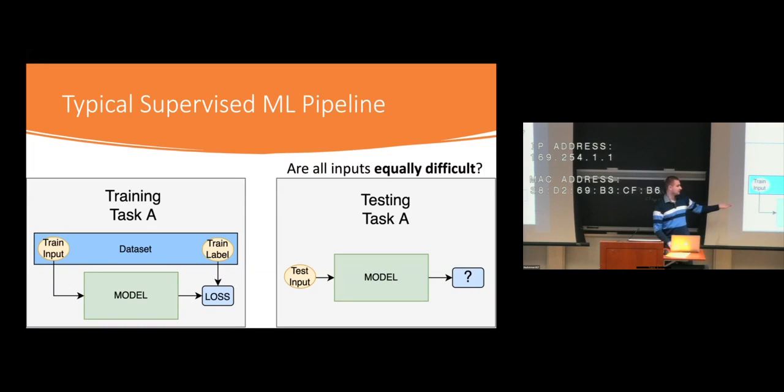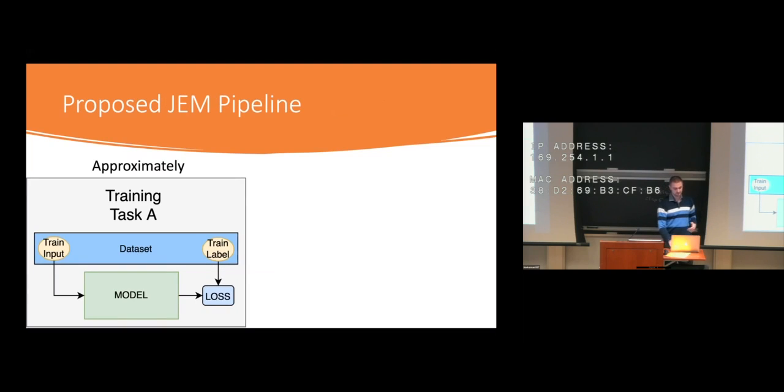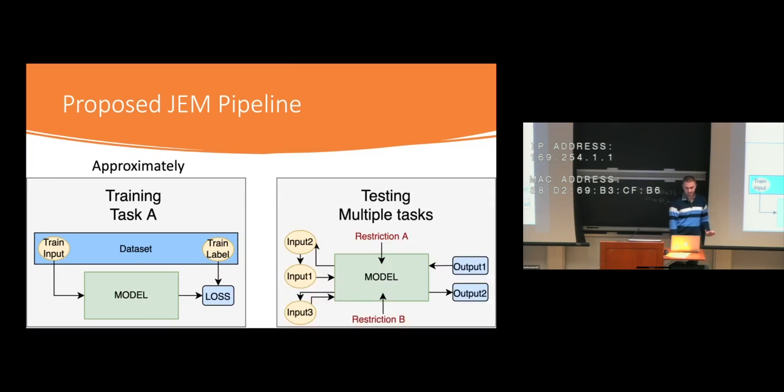But the question is, are all the inputs equally likely? The answer is no. So we might not have the same approach to test the model. What I'm proposing is to have approximately the same training, but in a test phase, you might have multiple inputs and multiple outputs.